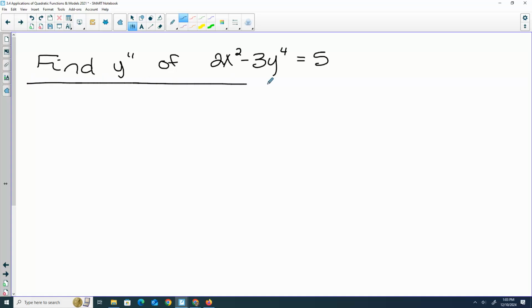So, first derivative, derivative of 2x squared minus y cubed, and that one needs dy dx, equals derivative of 5.